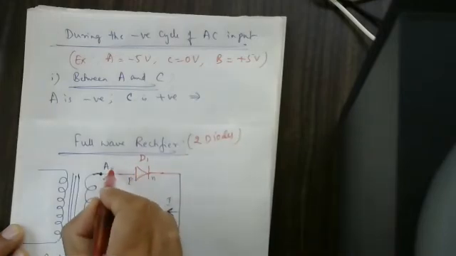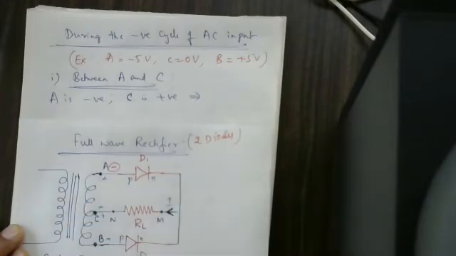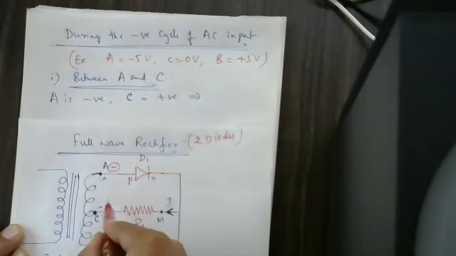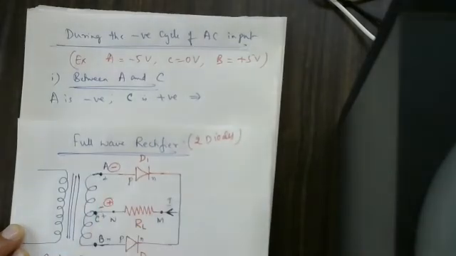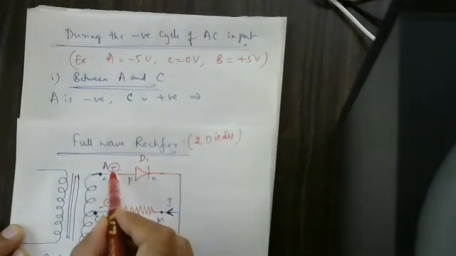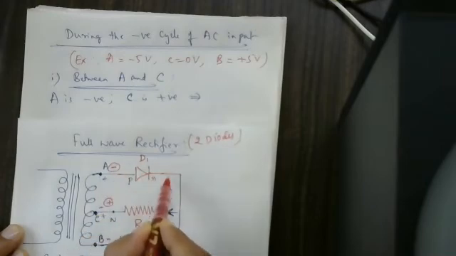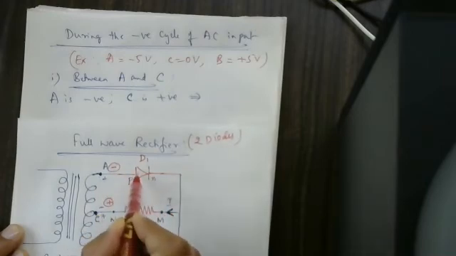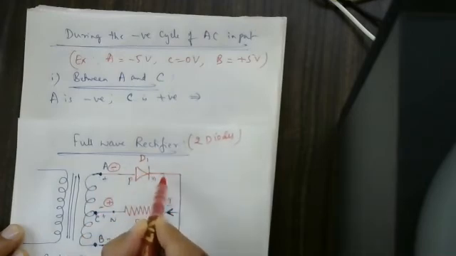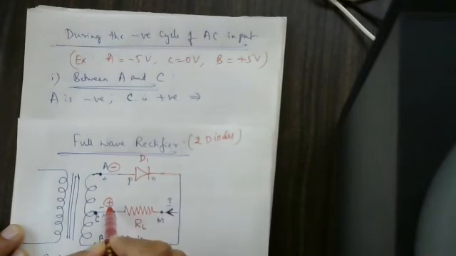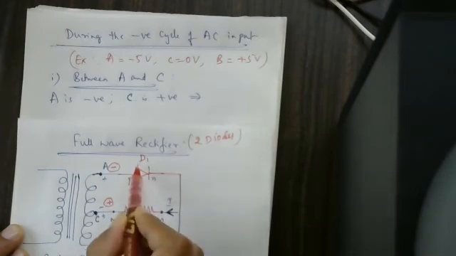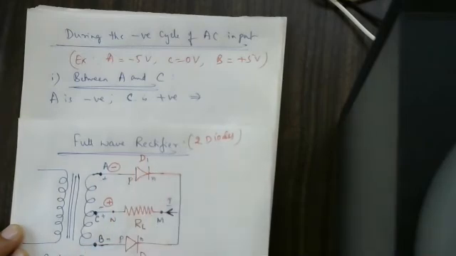A is negative, C is positive, so P is connected to negative and N is connected to positive. Because of this, D1 is said to be under reverse bias.